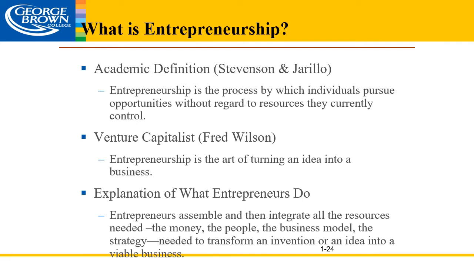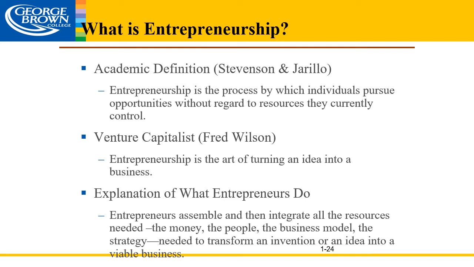There's a human or a social component to entrepreneurship, right? It's an idea that you have created, right? But it's also a process by which you make that idea a possibility or a reality. As to what entrepreneurs do, they assemble and integrate the resources that they need, so people, money, the business model, and strategy, and they take that invention or an idea and they create it into a viable business.